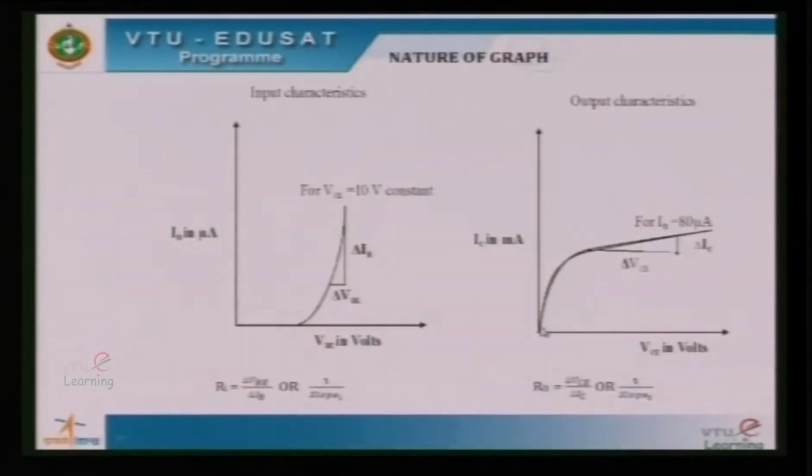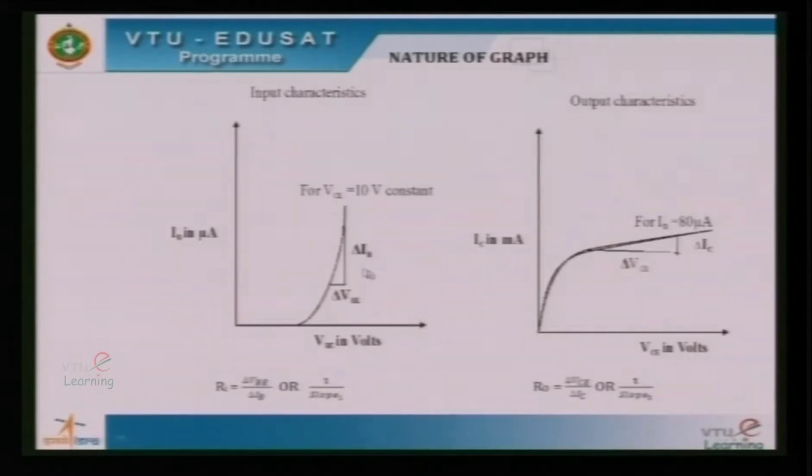Initially there is a large increase in the value of IC for an initial small variation in the voltage. Afterwards the current increases in very small steps, ensuring the saturation region.